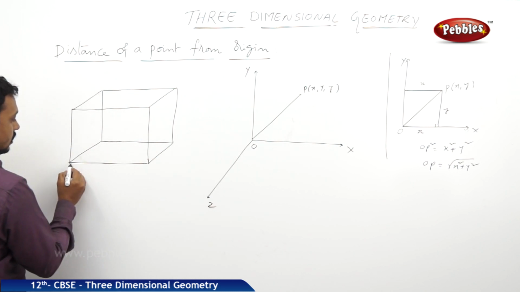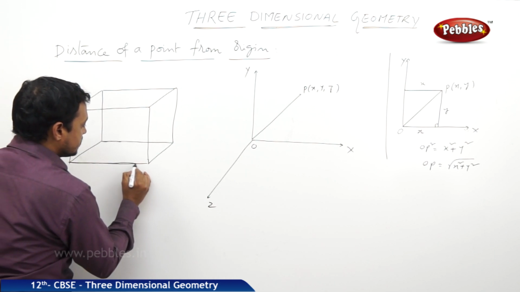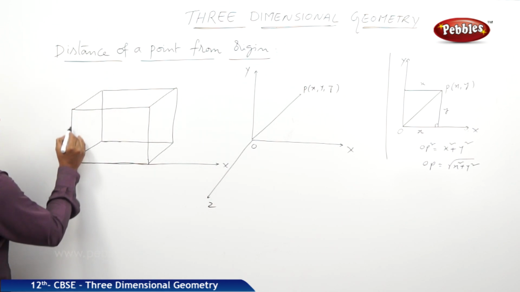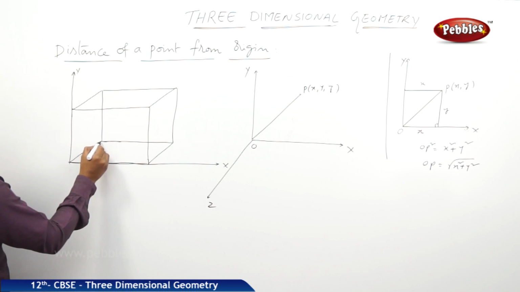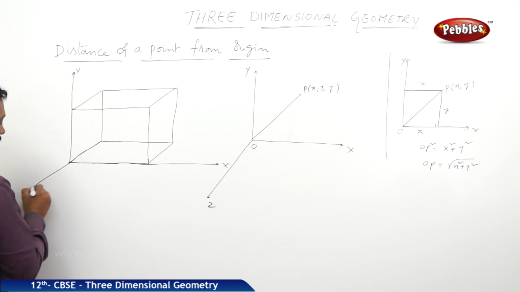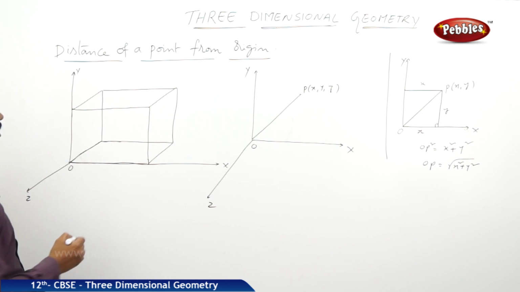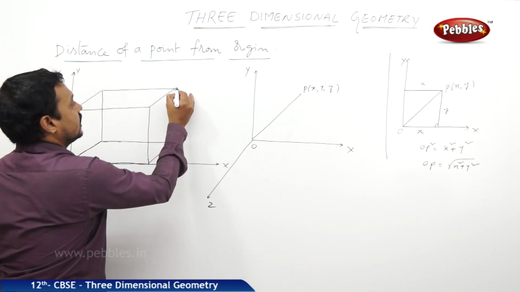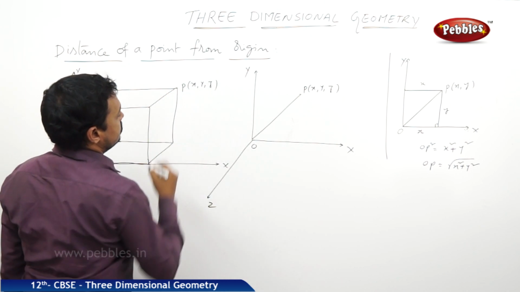Here I am taking this edge as x-axis and this one as y-axis, and this is z-axis, and the intersection of these three axes is origin. Now, let us take the point P whose coordinates are x, y, z.